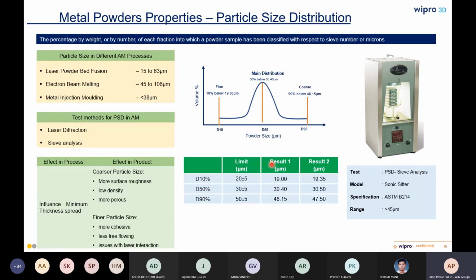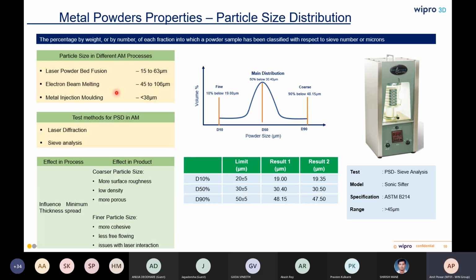More important and specific to AM is the particle size distribution. I'll talk about this so that you can understand the different particle sizes used in different additive manufacturing processes. Here you can see laser powder bed fusion requires a particle size of 15 to 63 micron.